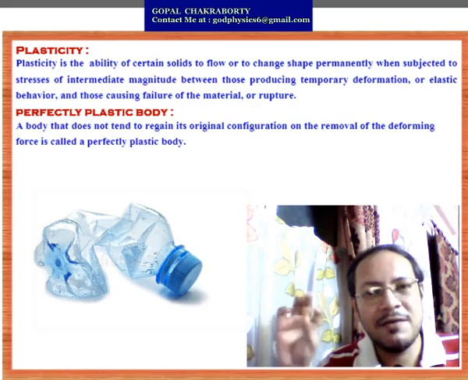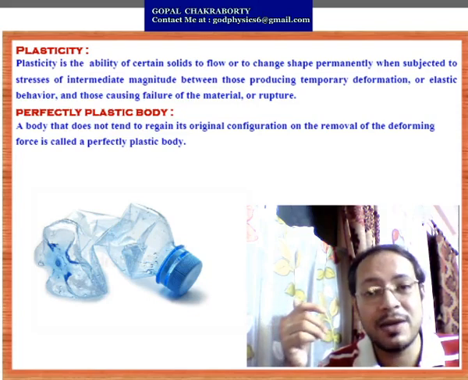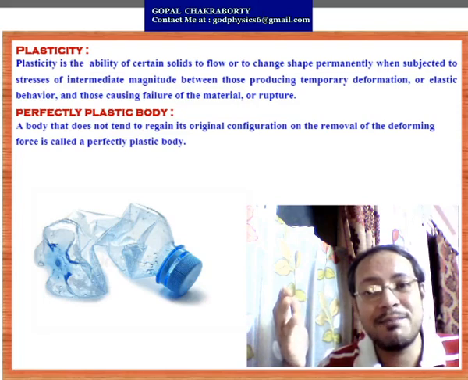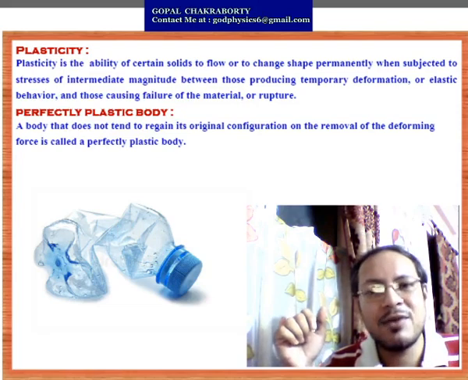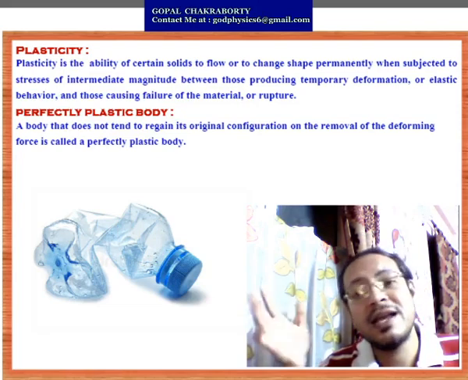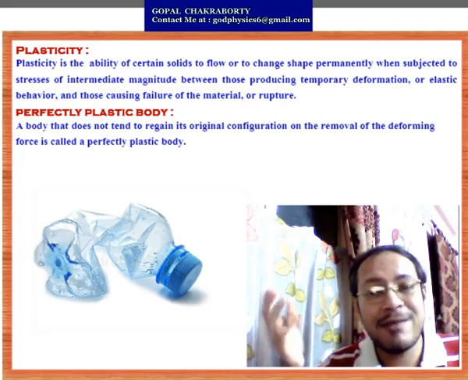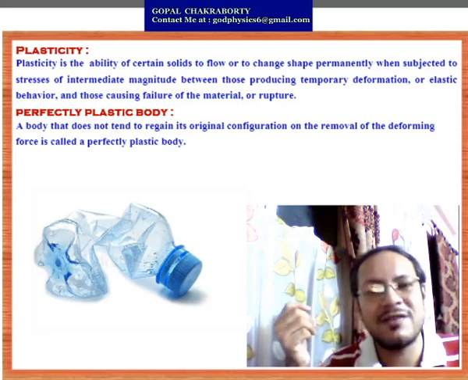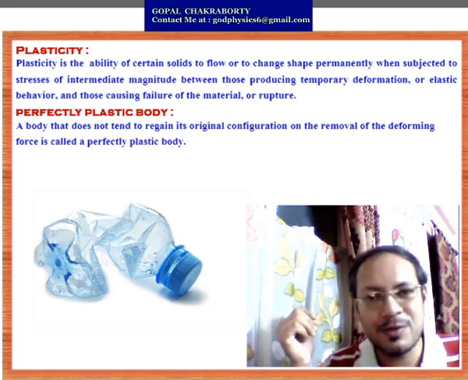Now if you release it, you see that it won't be able to regain the actual shape of the bottle. That happens due to the plasticity property, and as the body does not tend to regain its original configuration, you can say it's a plastic body, or in the ideal case, a perfectly plastic body.